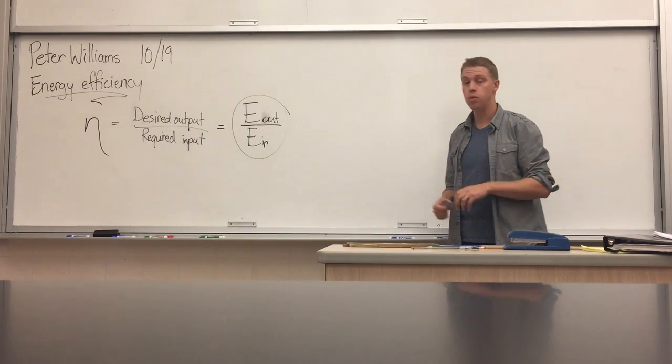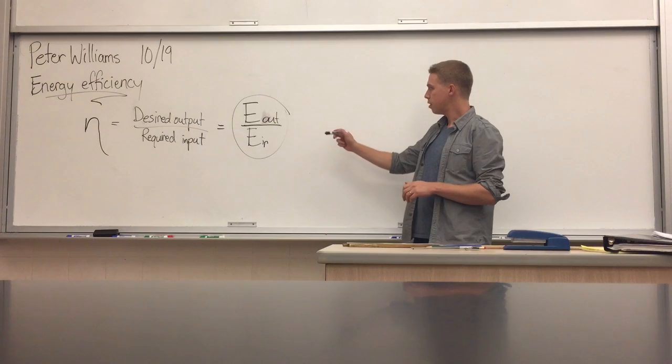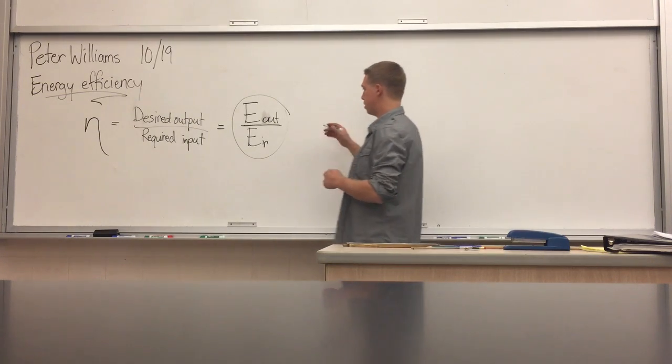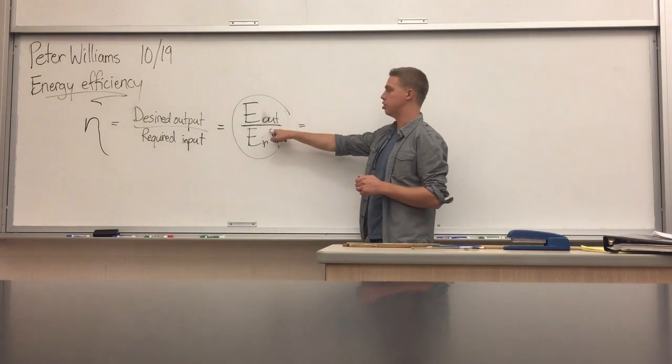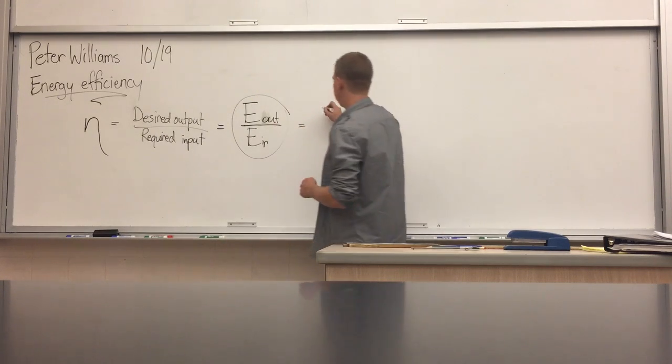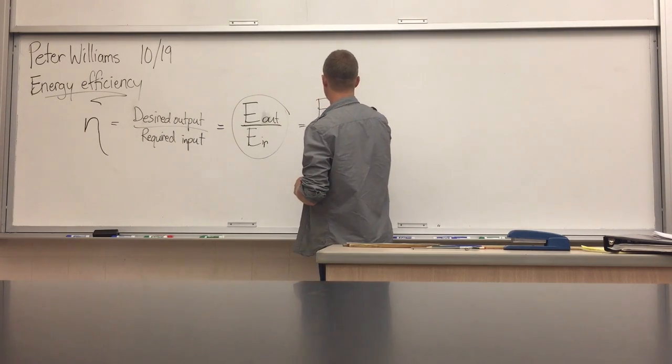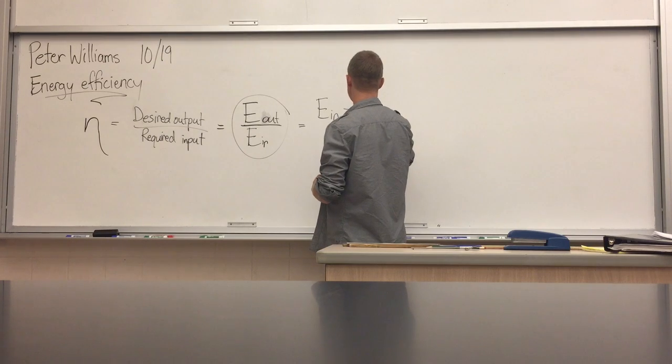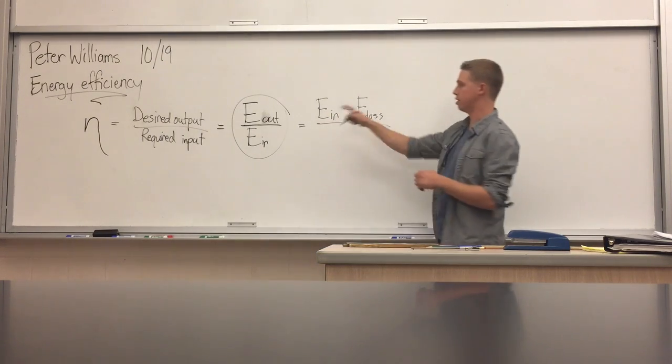It's also pretty intuitive. Now, one other way that you might see this written is if I write the energy out as the energy in minus an energy loss. Hopefully you can see why that's the same thing.